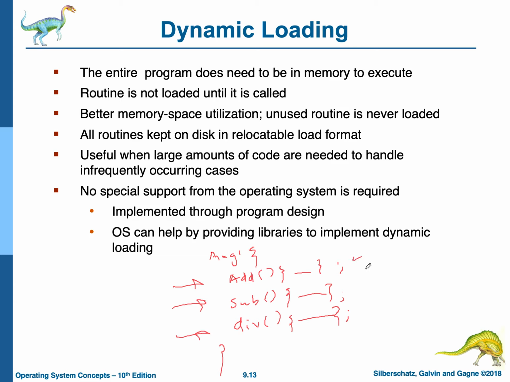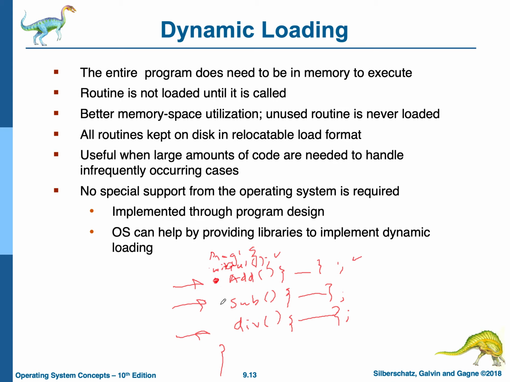So this is the main theme: load only the main module first. For example, the addition is the main module, or maybe the GUI, maybe here we also have a GUI method, init GUI. If I call init GUI, now this is the main module, and maybe there are some primary functions.